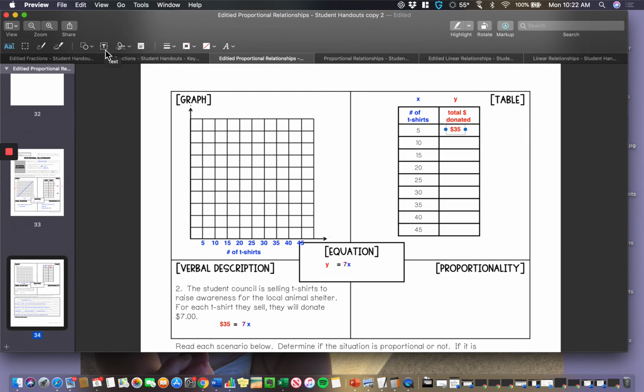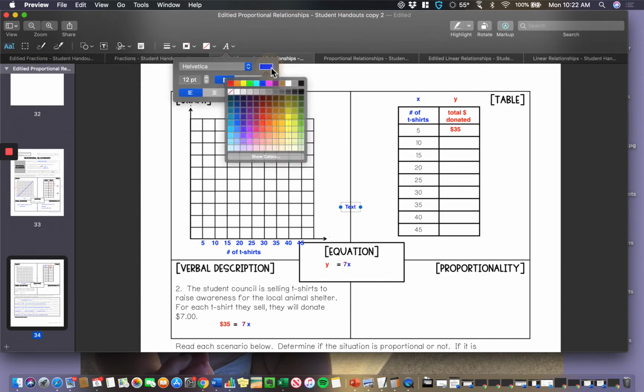So it could be something like 7 times 10.